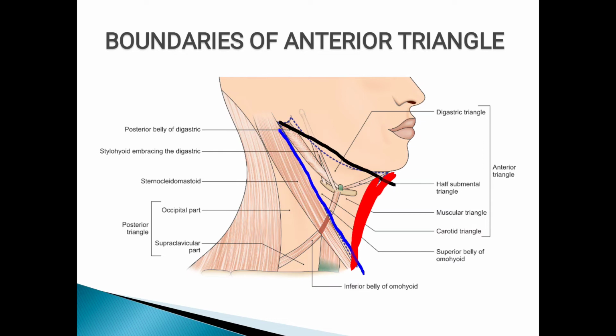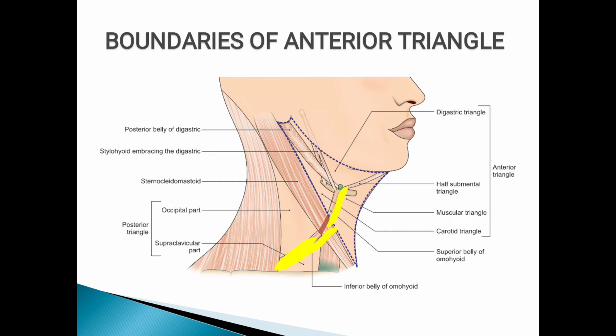Now this triangle is divided into further smaller triangles by two muscles present over here. Now here you can see this muscle which is placed over here, and this muscle.